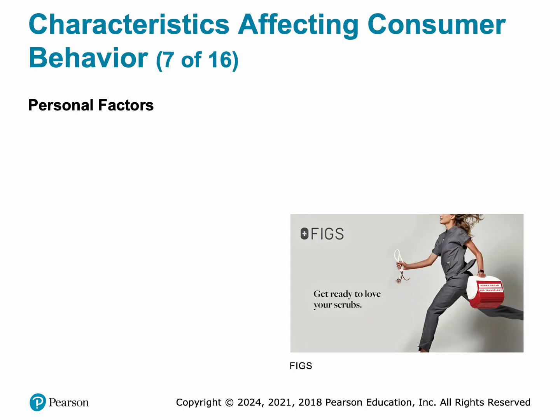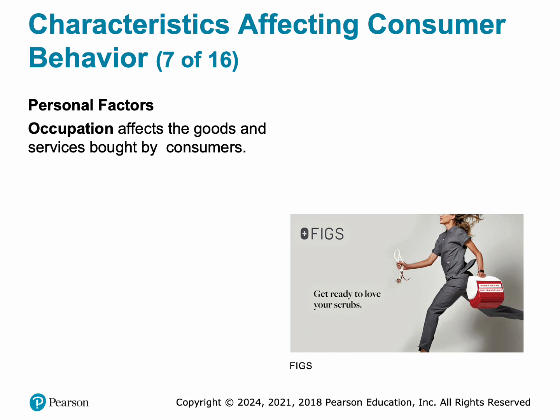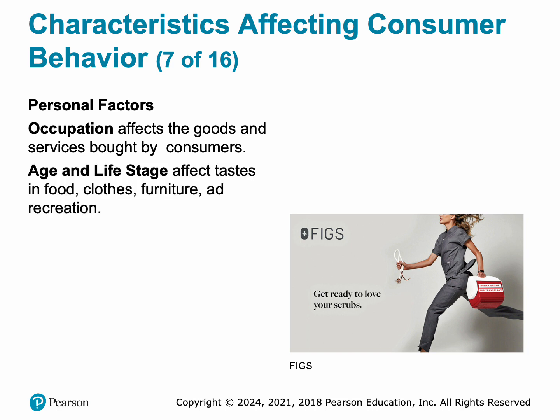How does your occupation and economic situation affect the goods and services you buy? Typically, your occupation has a significant impact, for obvious reasons, on how you buy and what you buy.